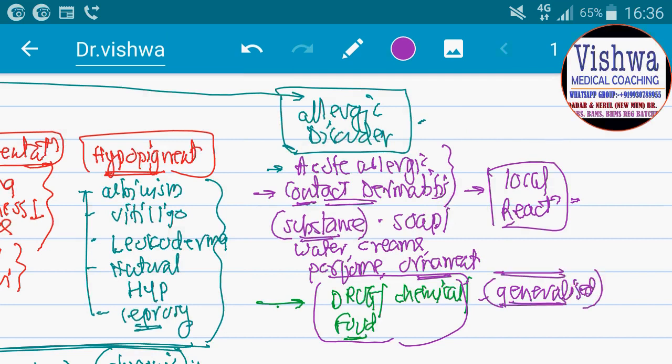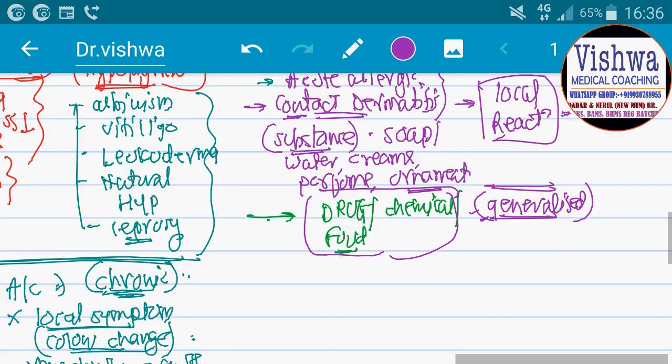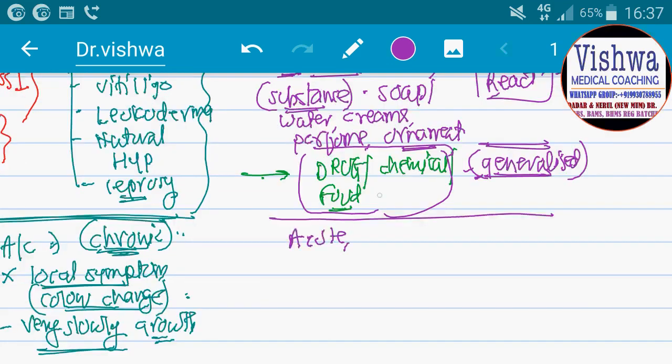Like for example, all of you must have experienced that somebody has some allergy to a food item. Whenever he has that food, all over the body there is some reaction on the skin. So, how exactly does the lesion look? Of course, these are all acute in nature, either local because of some substance or generalized.